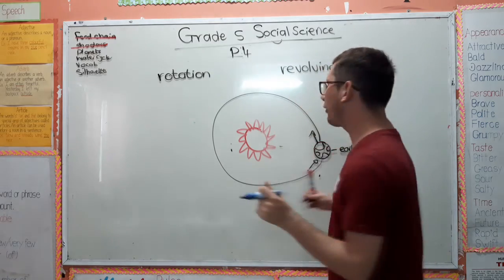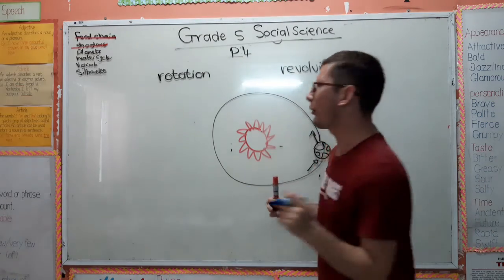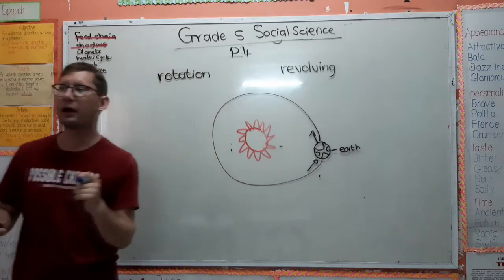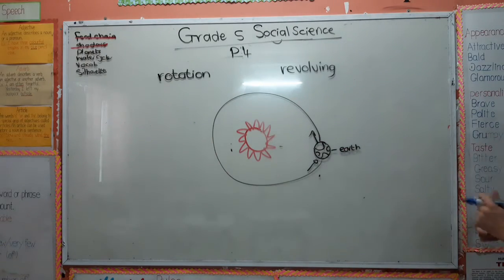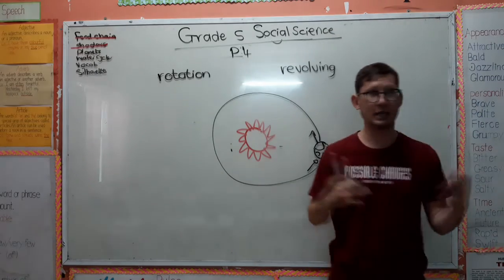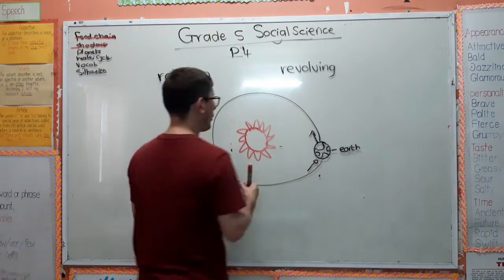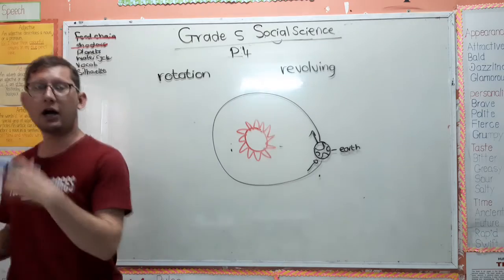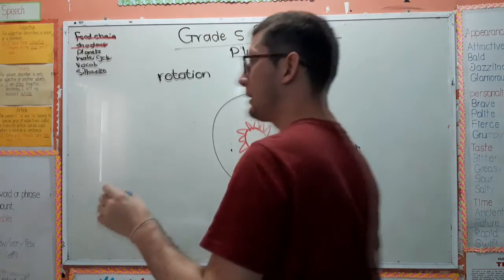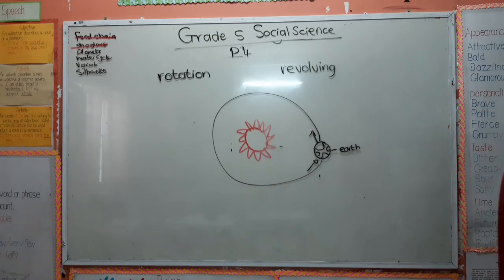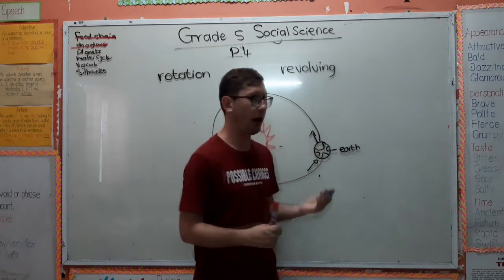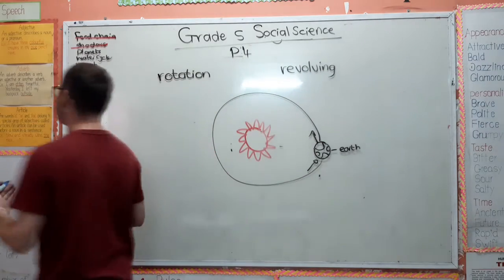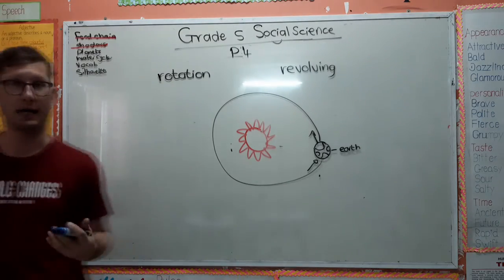So while Earth is revolving around the Sun, it also rotates on its own axis. You understand what I'm saying? So meaning the earth is going around the sun, but at the same time, earth rotates on its own axis as well.